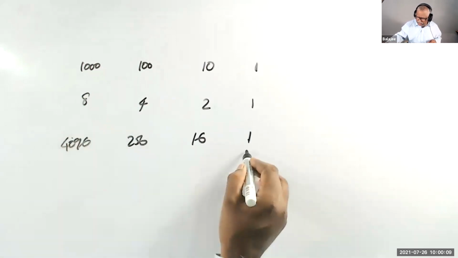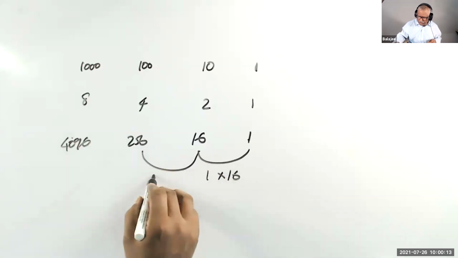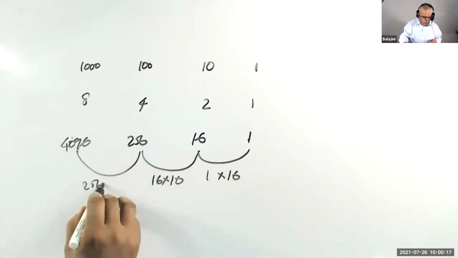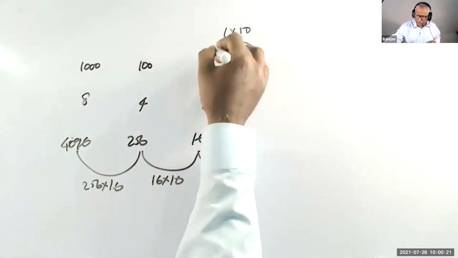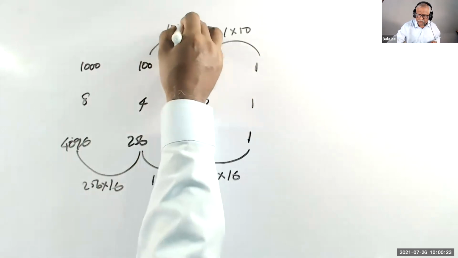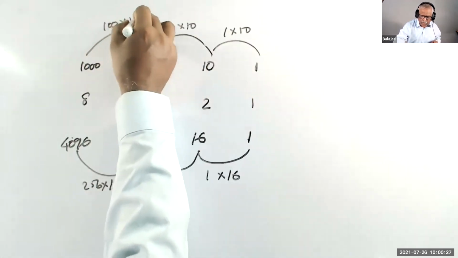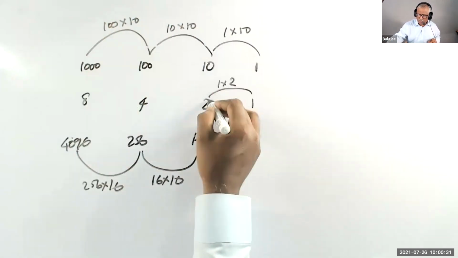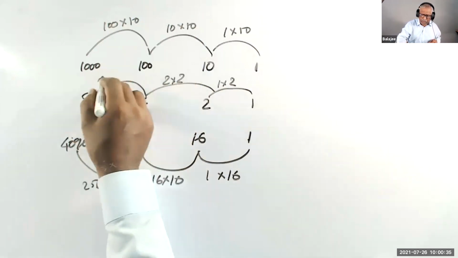That is 1 into 16 is 16, 16 into 16 is 256, 256 into 16 is 4096. Here it's the same thing: 1 into 10 is 10, 10 into 10 is 100, 100 into 10 is 1000. Same thing here: 1 into 2 is 2, 2 into 2 is 4, 4 into 2 is 8.